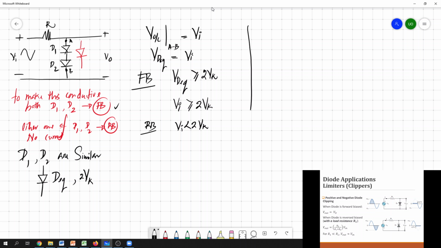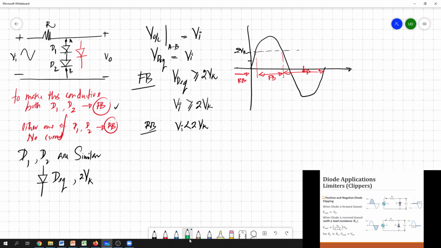So if you draw the input circuit, now this is VK and this is 2 VK. This is 2 times VK. Like in the previous case, this is the region where the diode gets forward biased. During this it's reverse biased, and during this also it's reverse biased.